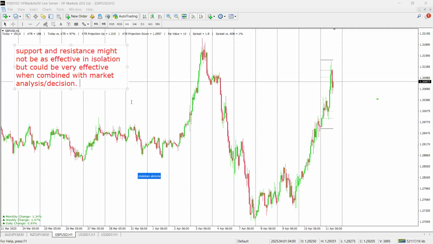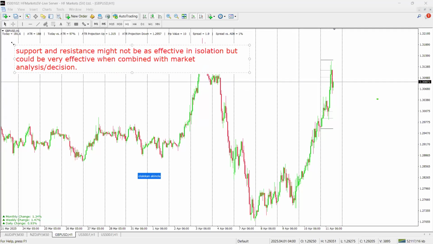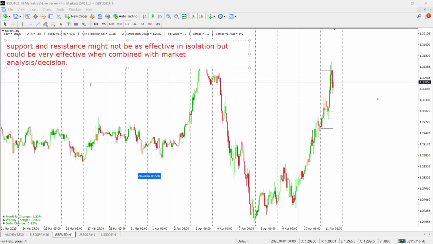What this means is, if you're blindly trading support and resistance, it's not going to be as effective as when you're combining it with market decisions or analysis in the market.